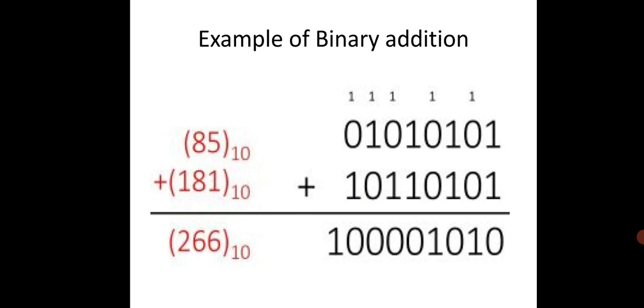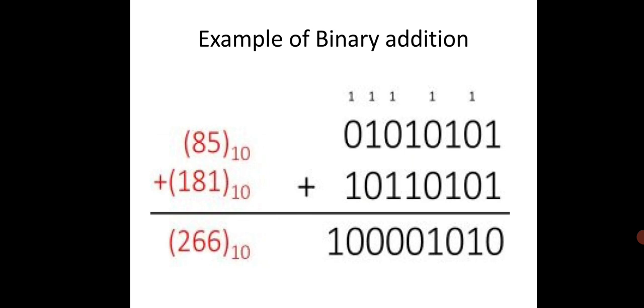We have seen that 1 plus 1 is 0, carry will be 1. 0 plus 0 is 0, but there is carry, so we will write down that carry at the end. The next it is 1 plus 1 again, carry 1, and here we write down as 0. The next it is 0 plus 0.